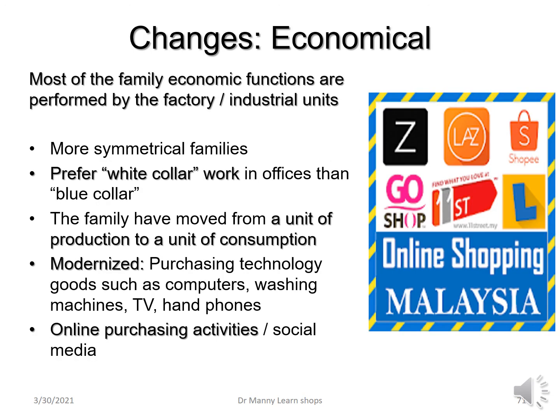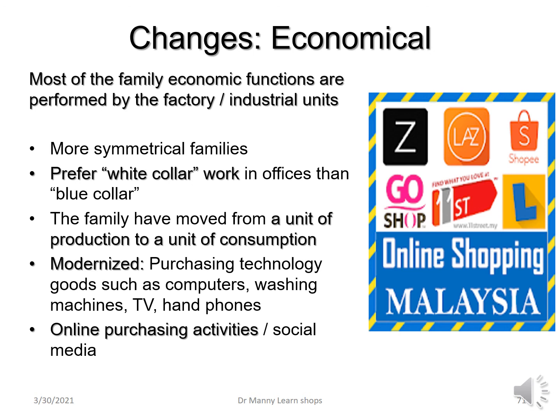Then you've got changes related to economics. Most of the family economic functions are performed by factory or industrial units. More symmetrical in families. Most families and workers prefer white-collar work in offices rather than blue-collar, which is hands-on. The family has moved from a unit of production to a unit of consumption.